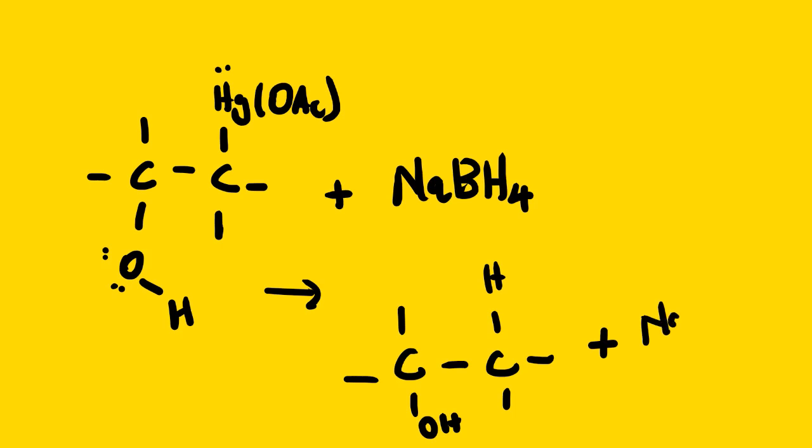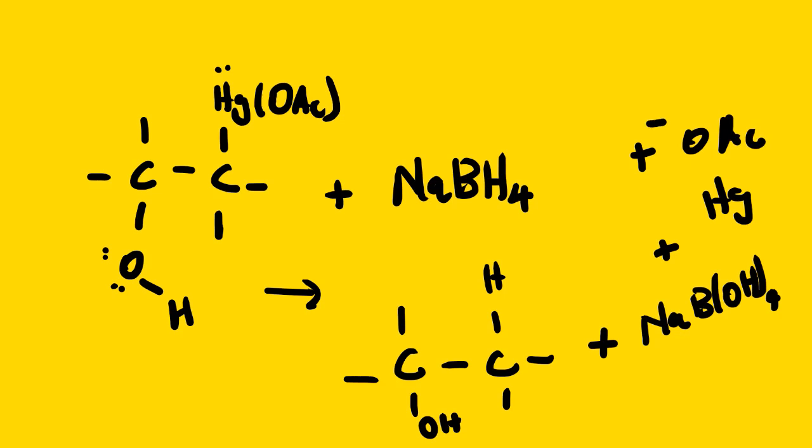Plus OH, you can say NaBH4, plus our mercury atom plus this. We need to see this, but when dealing with the mechanism we don't have to show the remaining products. Now let us look at the examples to consolidate this mechanism.